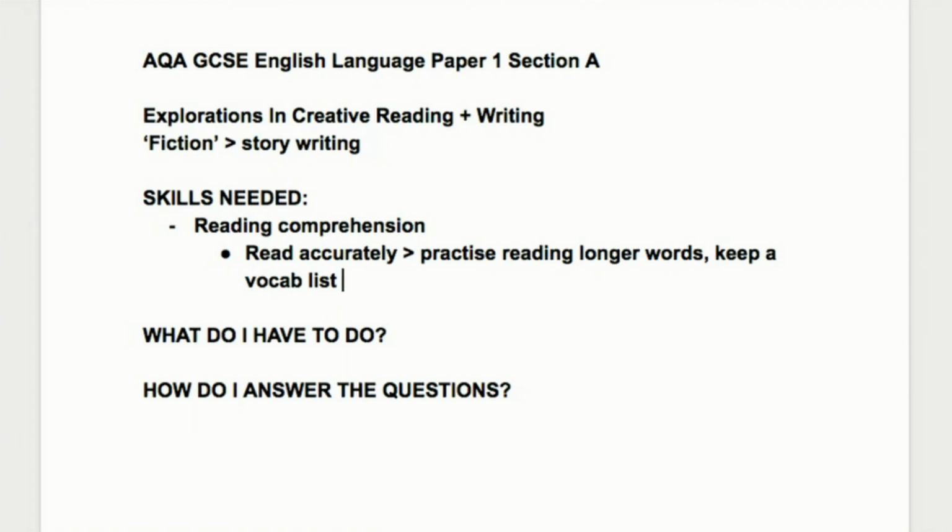So that's just a list of words that you come across in any situation, whether you're reading or you're at school or someone says a word to you. Always be asking what those words mean and jot them down. Use your phone, keep notes on your phone. That's what I do now for my vocab list. Something that's easily recordable. And yeah, it just improves over time your ability to understand more complex, more unusual reading passages.